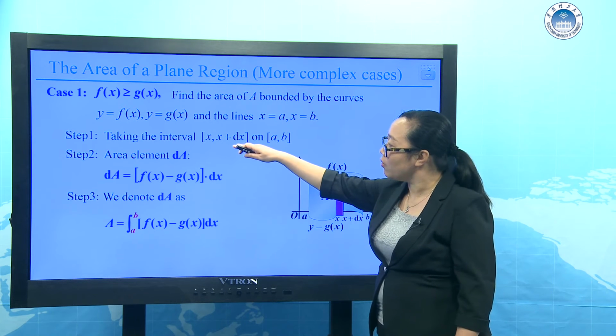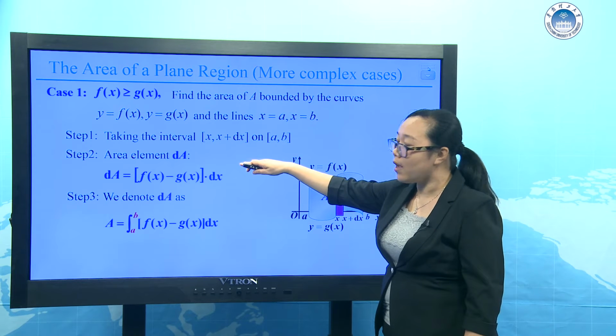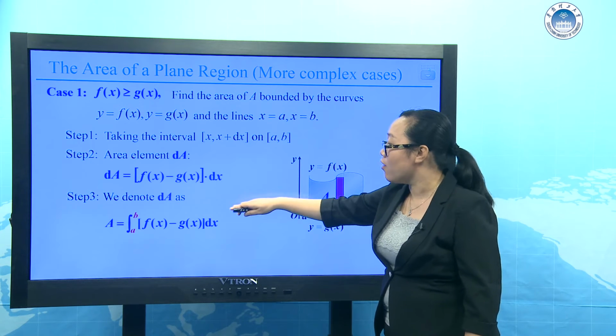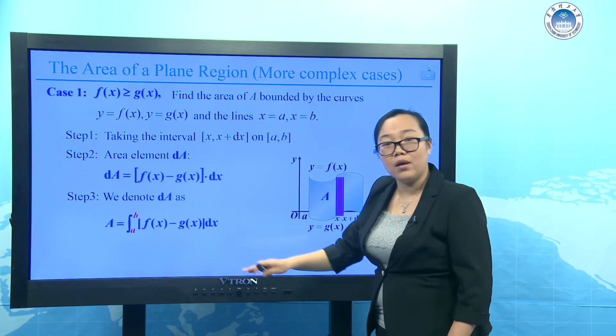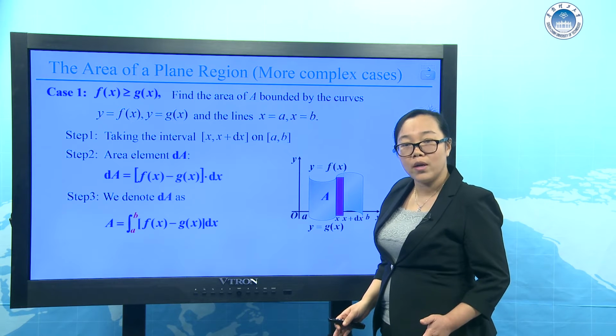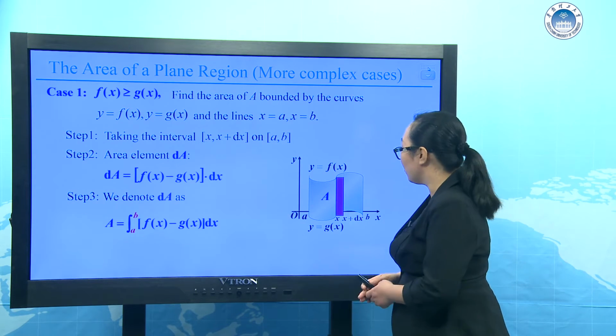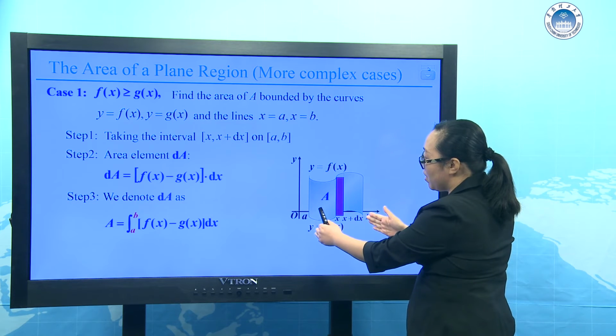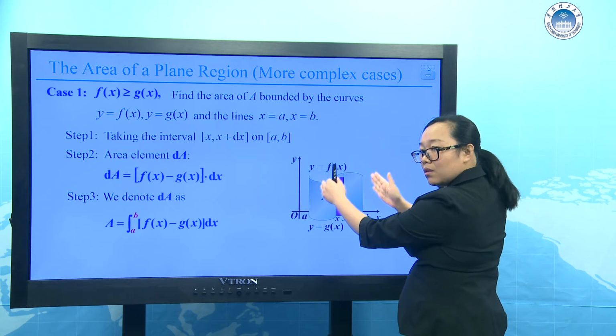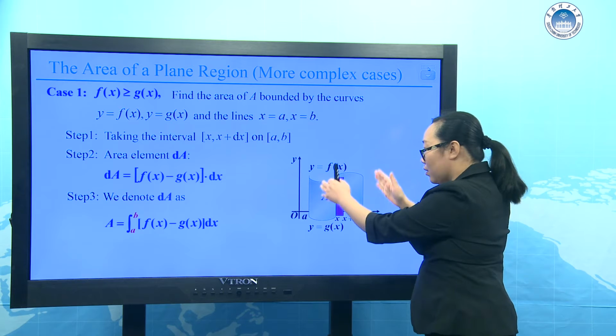Take the interval, get the area element, and then get the final area. Pay attention to the integral variable x. How to remember? Pay attention to x between a and b, meaning in this interval, in this domain.